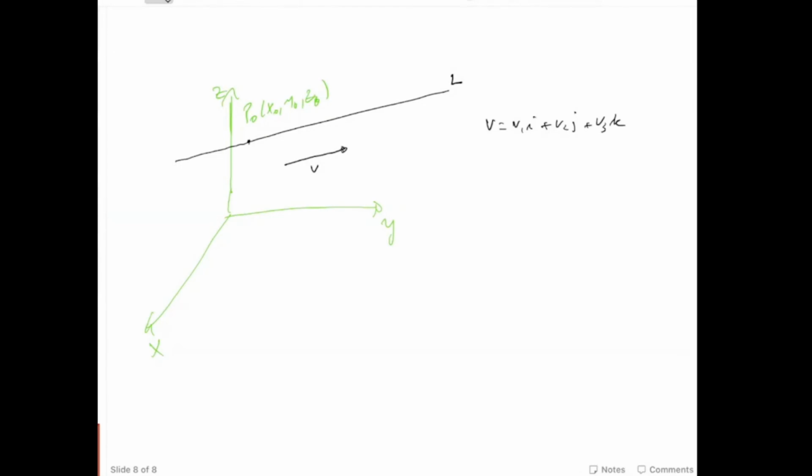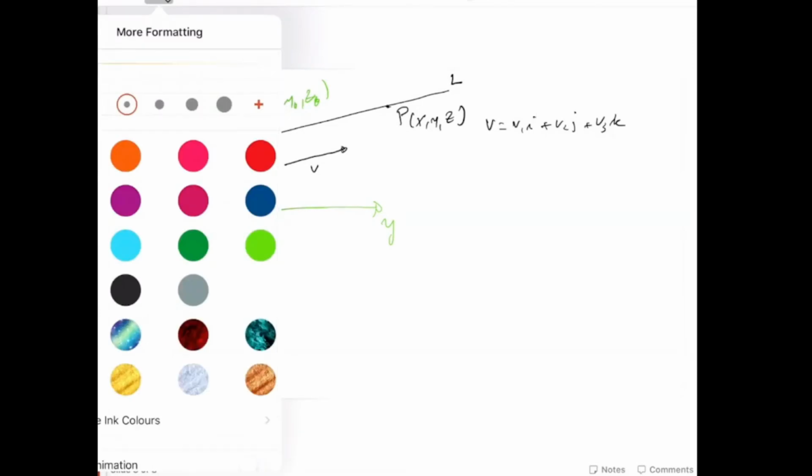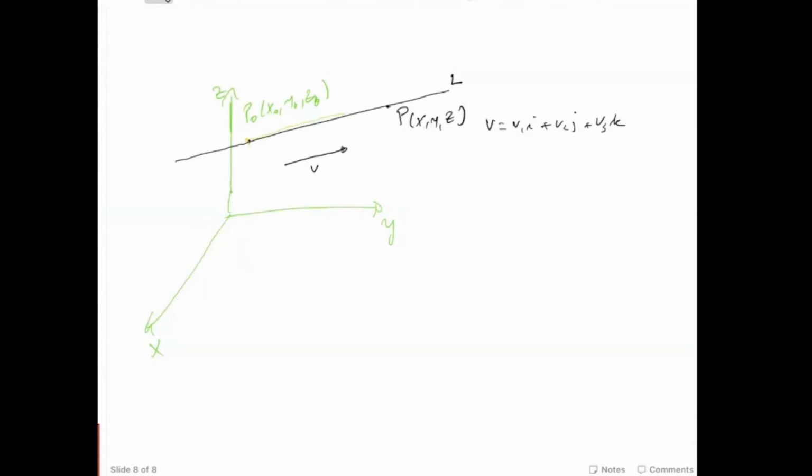So the set of all points P given X, Y, and Z, for which the vector P0 P is parallel to the vector V, we can express the vector P0P as a scalar times the vector V, because those vectors are parallel, same directions.